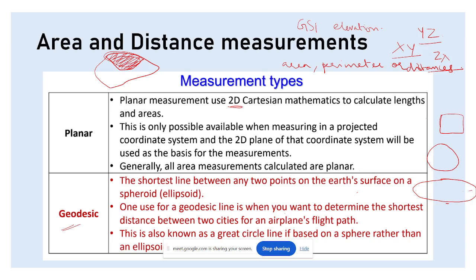In front of the seat they will be showing something just like how you have Google Maps for your on-road map. Similarly you have it for the airplane. It shows the different places and where the airplane is moving, where it is right now. Such things are based on this geodesic measurement.